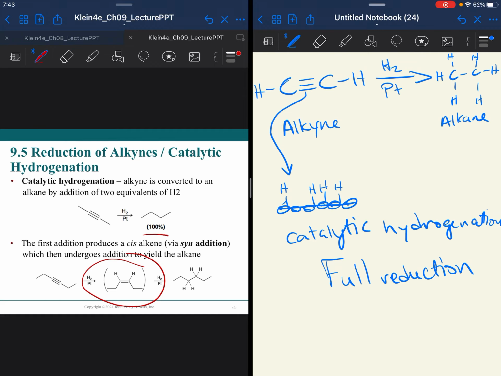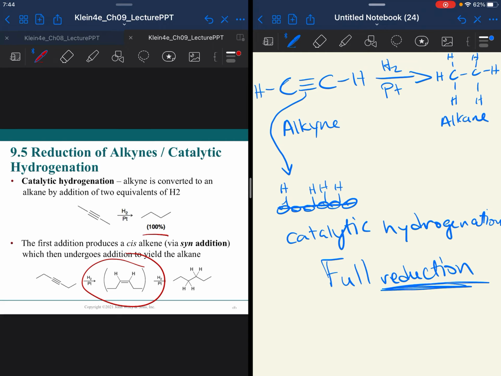If you calculated oxidation numbers, you would find that oxidations lose electrons, so the charge goes up. In reductions, you gain electrons, and the charge goes down. But since we're dealing with such a limited portion of the periodic table, we often talk about oxidation as increasing bonds to oxygen. Reduction is decreasing bonds to oxygen or increasing bonds to hydrogen. So this is a reduction. We are reducing these multiple bonds.